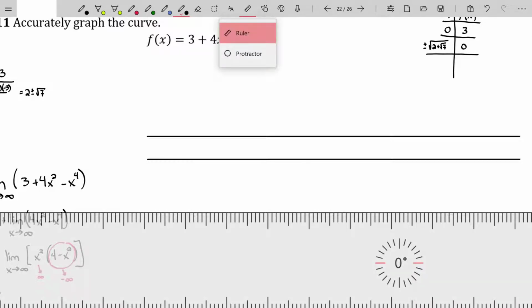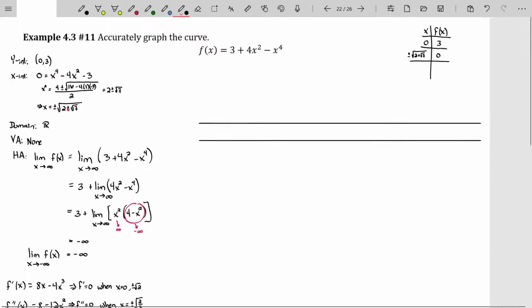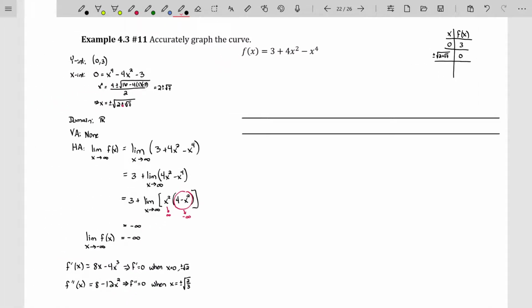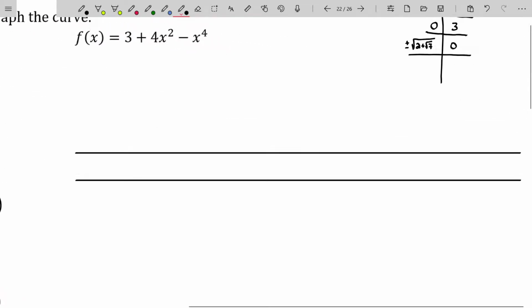I'm just going to turn off my ruler, and I'll plot all those critical numbers. For example, x equals 0 and x equals plus or minus root 2. I'll say this is x equals 0. And then here's negative root 2. And therefore maybe right about here would be a positive root 2.